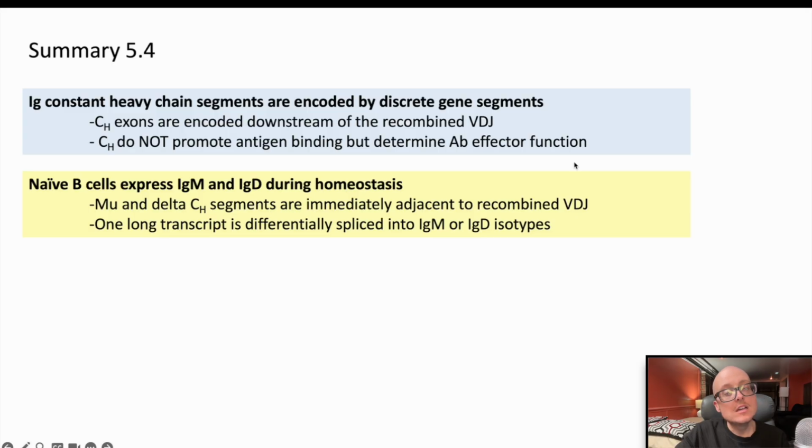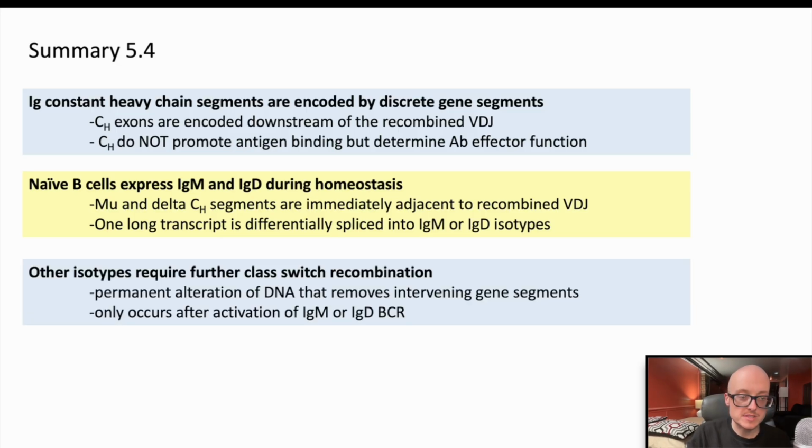We also saw that naive B cells co-express IgM and IgD during homeostasis, and this is mediated by the constant mu and delta heavy segments that are immediately adjacent to the recombined VDJ, and that they are co-expressed because they are both available to be differentially spliced into the RNAs of the immunoglobulins in the naive B cell.